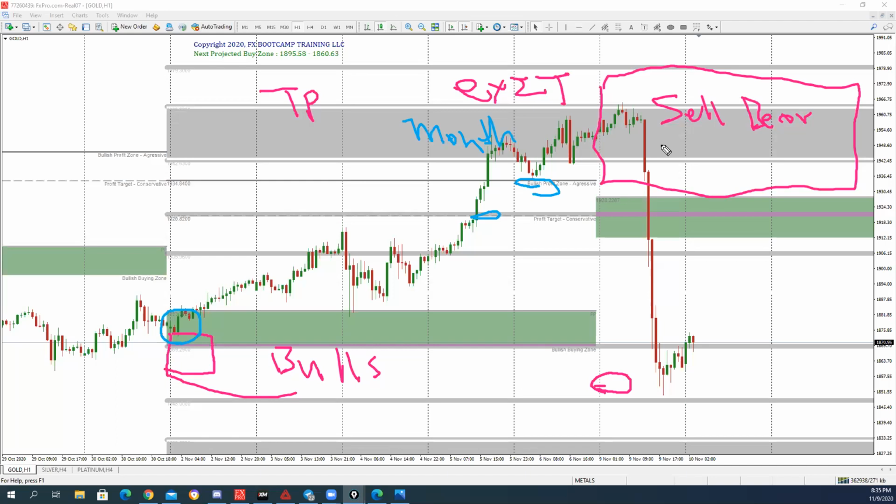Because we're in the sell zone, it's like a relay. Buyers want to take profit, so they have to give it to the sellers. Just like that.